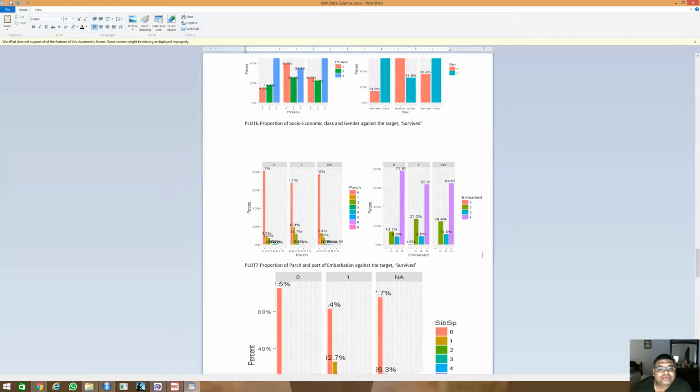You can see 7.3% of the people who had one parent or child relationship aboard did not survive, but you can see 9% here survived.